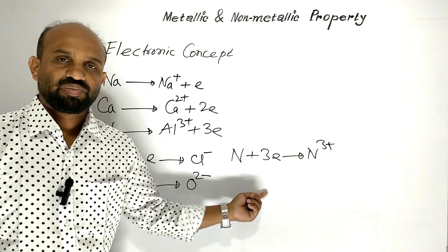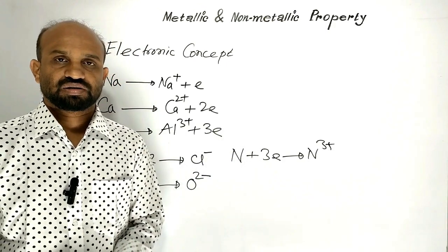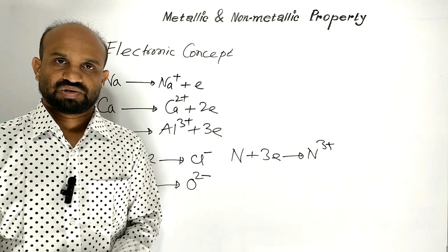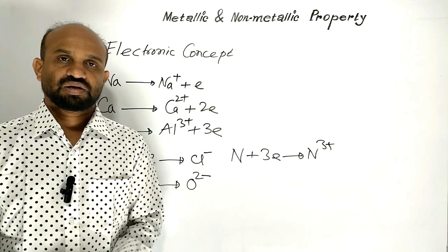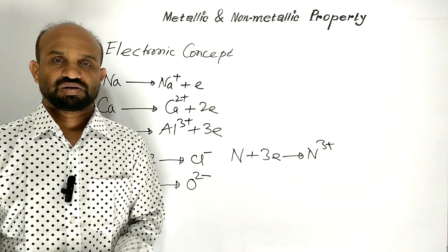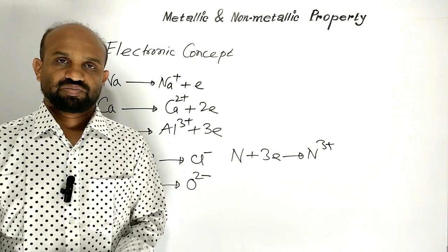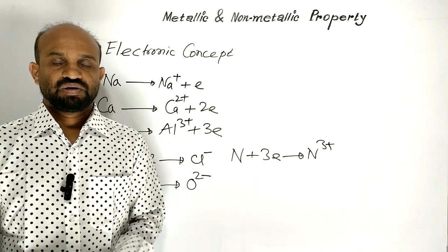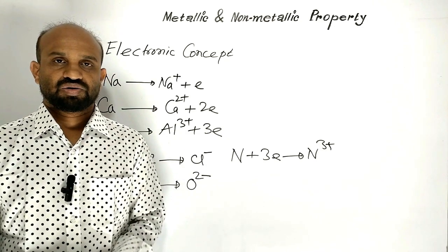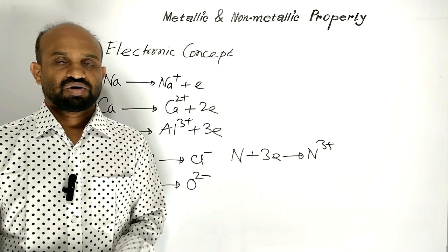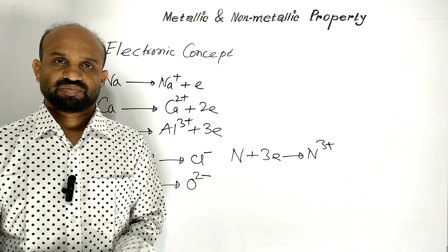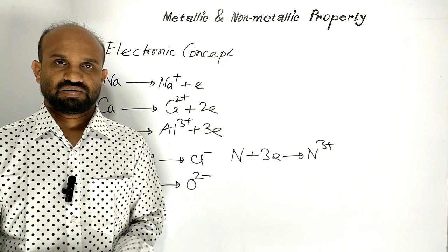So, what will be the definition of nonmetals according to electronic concept? The elements that can accept electron during chemical reaction are called nonmetals. Simply, metals are electron donors and nonmetals are electron acceptors during chemical reaction.